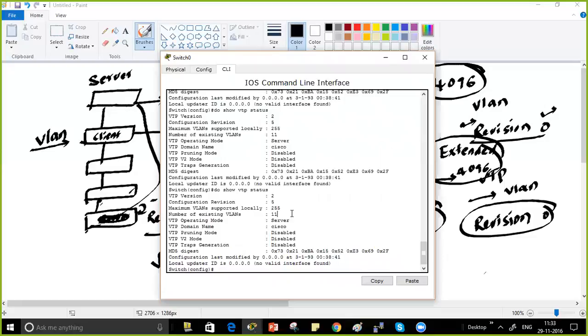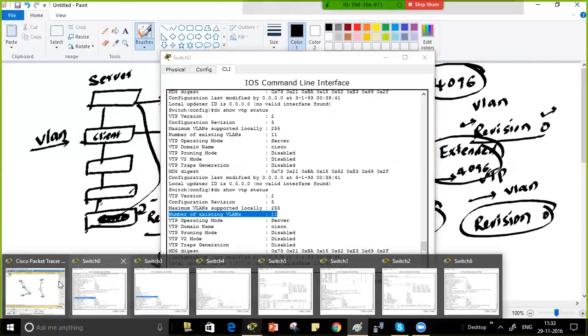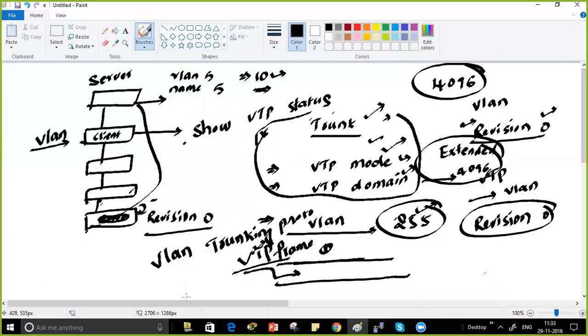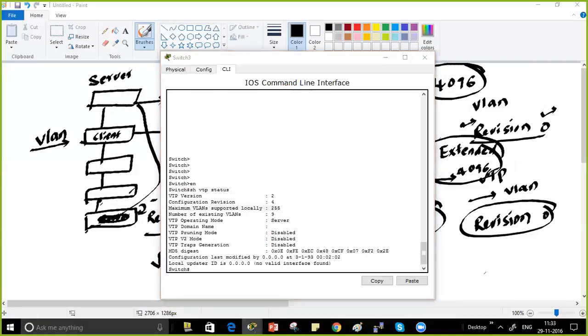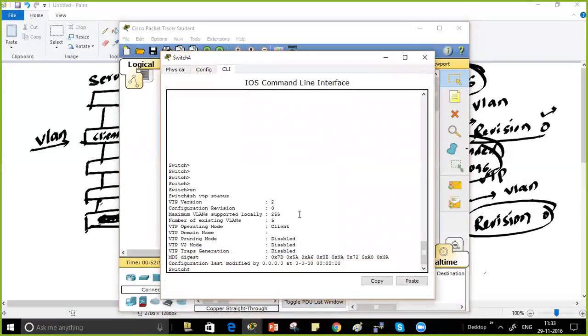Here, the number of existing VLANs is 11. Did I configure 11 VLANs? No, no. By default, this switch, if you check, we did not configure any VLANs, right?